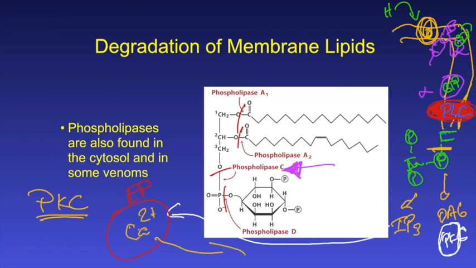And it releases the calcium 2 plus, which interacts with the PKC. And when the DAG binds to the PKC and the calcium, the PKC becomes active and phosphorylates things, and we get what's called a cellular response.